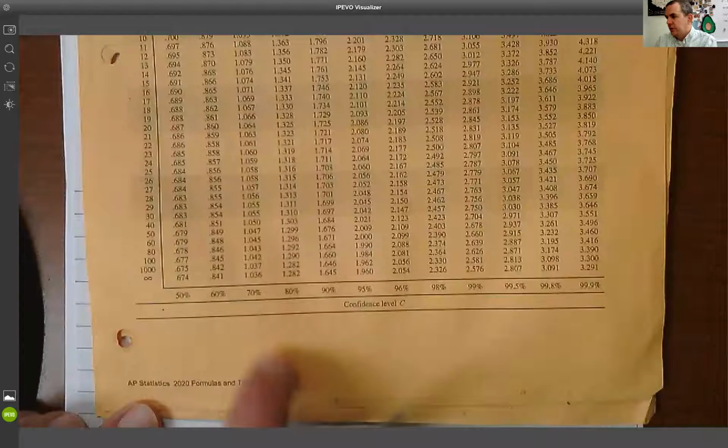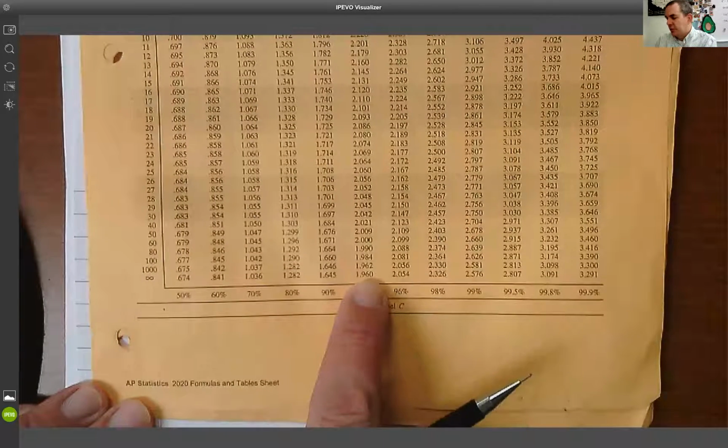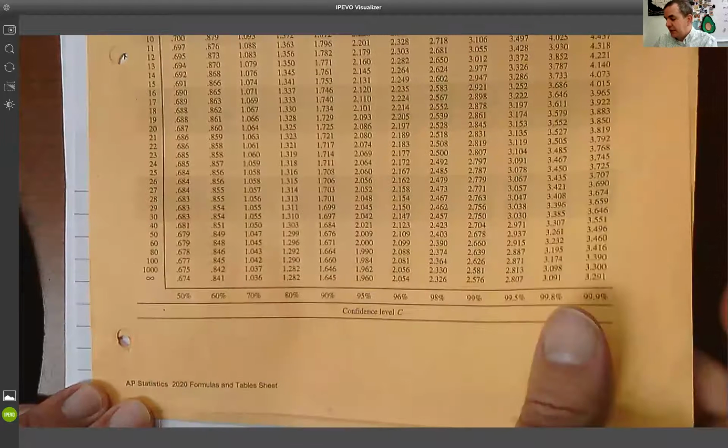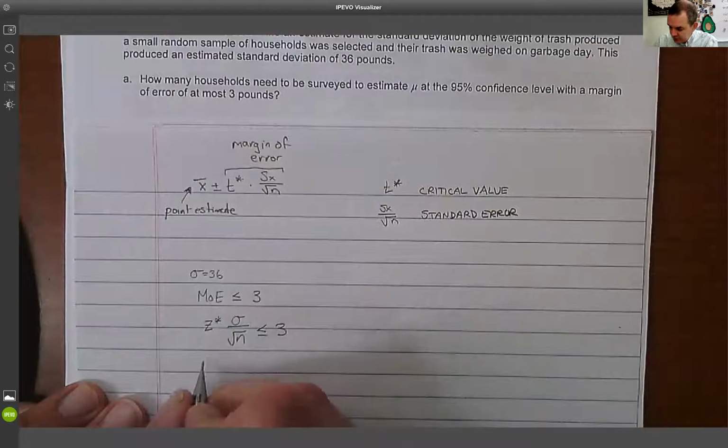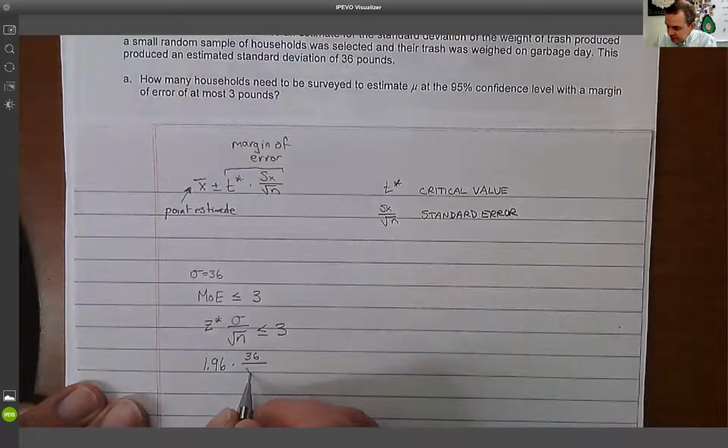For table B, we're going to use, in this case, the infinity row for 95%, so 1.96. This is the only time this happens with means, when we're figuring out sample sizes. So it's 1.96 times the standard deviation we just came up with, 36, over the square root of n. It's got to be less than or equal to 3.